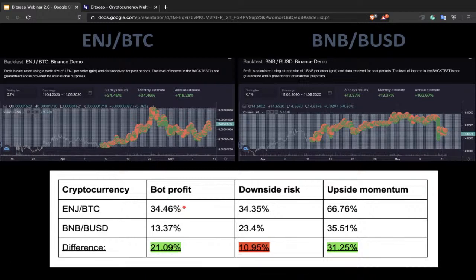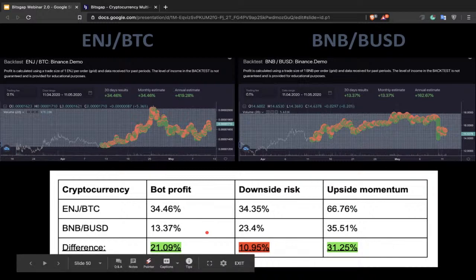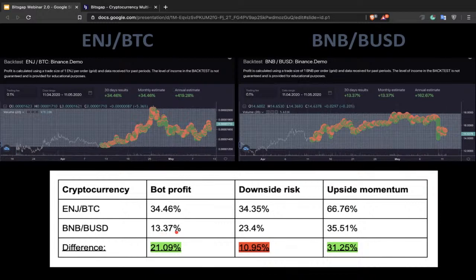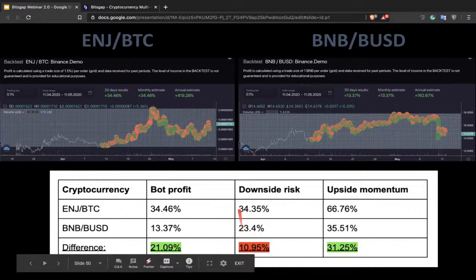But if you are risk averse, and if you are ready to take that profit, if 13% per month is enough for you, if that's an adequate return for you, then in this case you can take the lower risk.